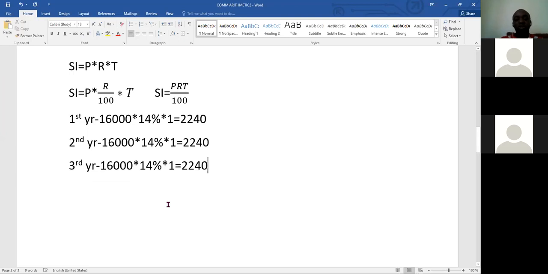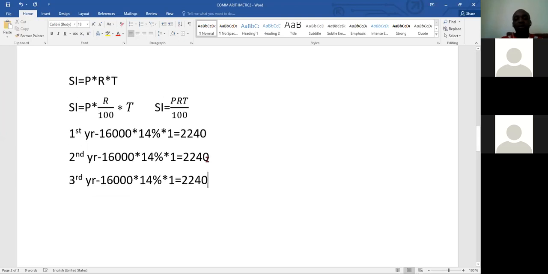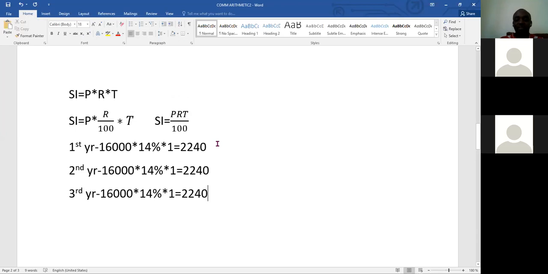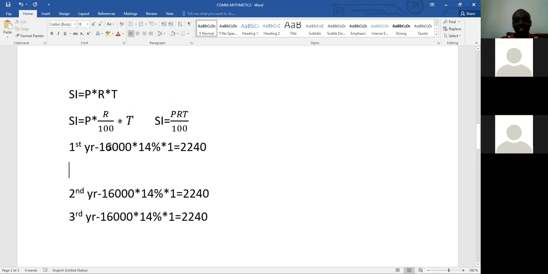But if there was compound interest now, what happens in compound interest? At the end of the first year, this amount here is added to the 16,000. So you now come and add this one to 16,000, which now becomes 18,240.